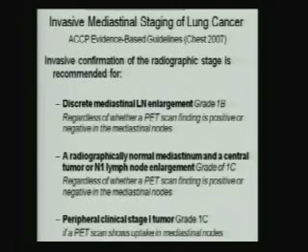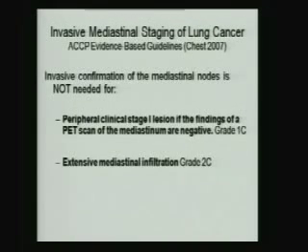On the other hand, if you have a PET positive mediastinum and a peripheral clinical stage 1 tumor, you also need to make sure that this is not a false positive, as it can be a result of inflammation or other diseases, or sarcoidosis, as an example. So when is invasive staging not needed? It's in very limited cases, such as the presence of a peripheral clinical stage 1 lesion, if the findings of the PET scan on the mediastinum are negative.